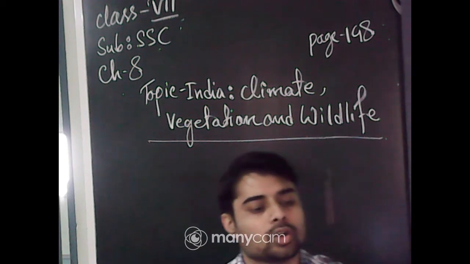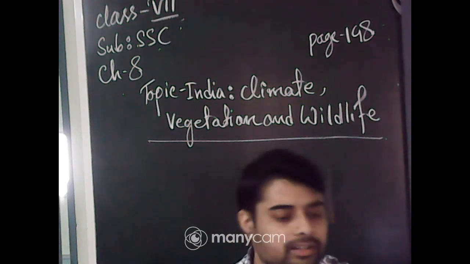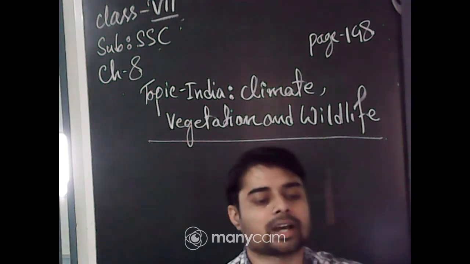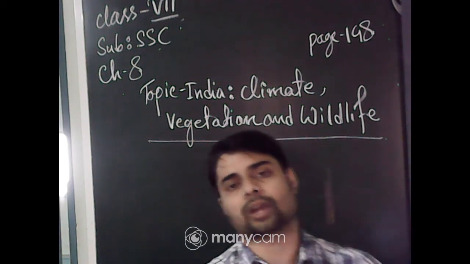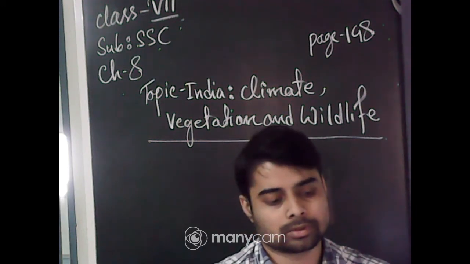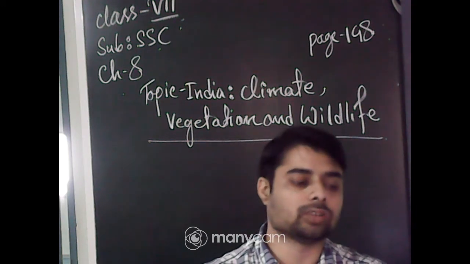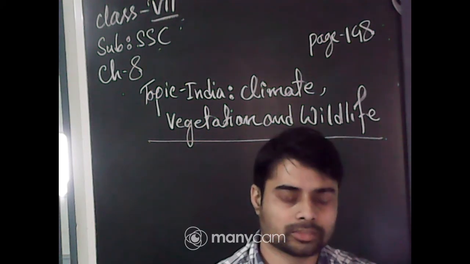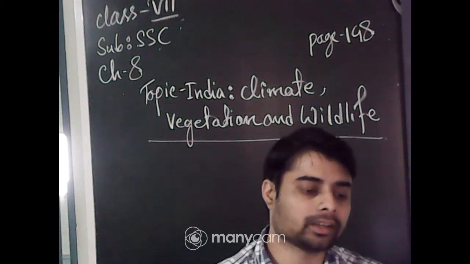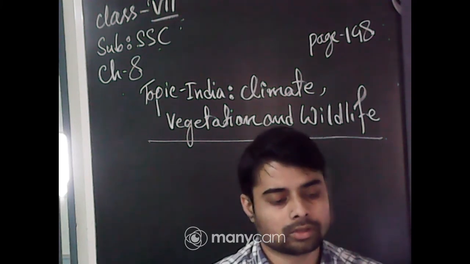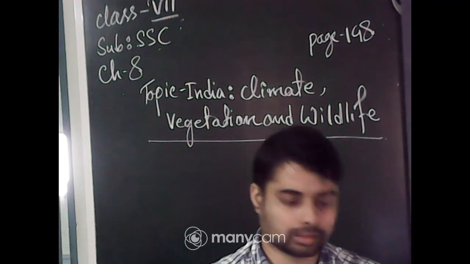Therefore, we experience regional differences in the climate of India, such as Jaisalmer and Bikaner, situated in the desert of Rajasthan, which are very hot places, while Dras and Kargil in the Jammu and Kashmir Union Territory are freezing cold. The people living here experience freezing cold most of the time in the year.